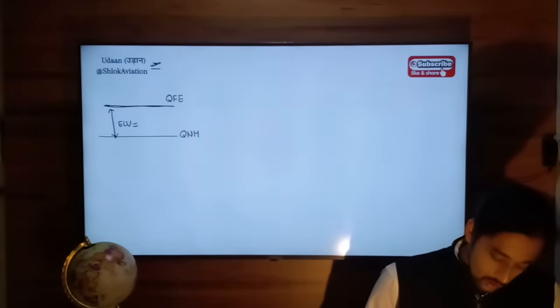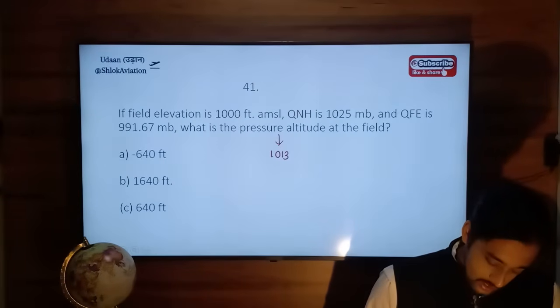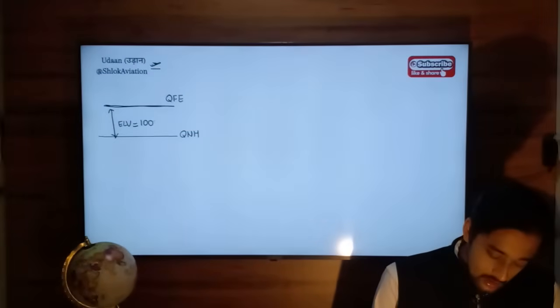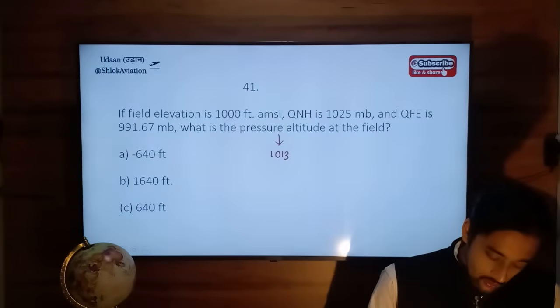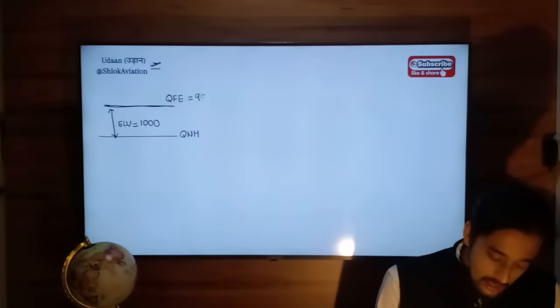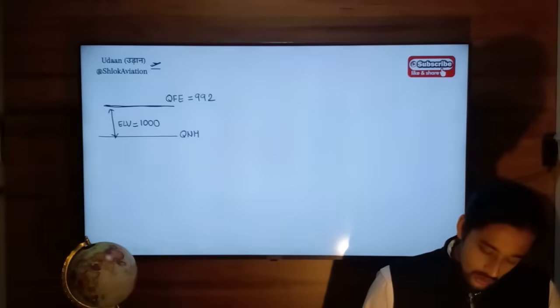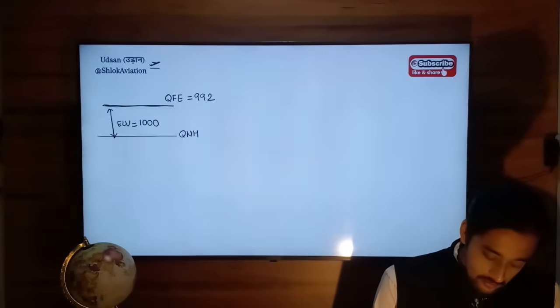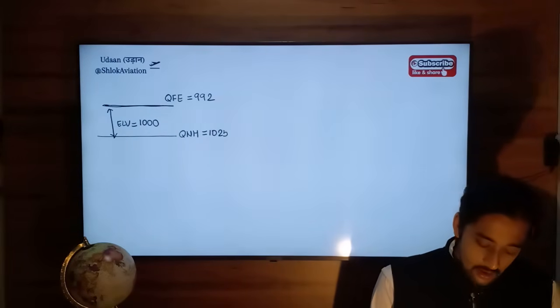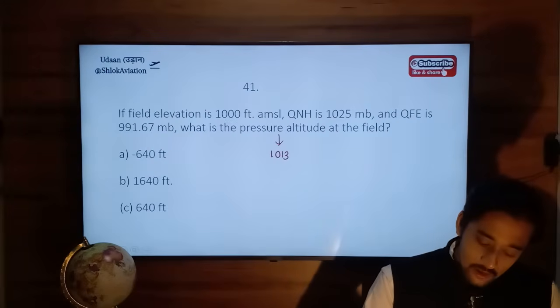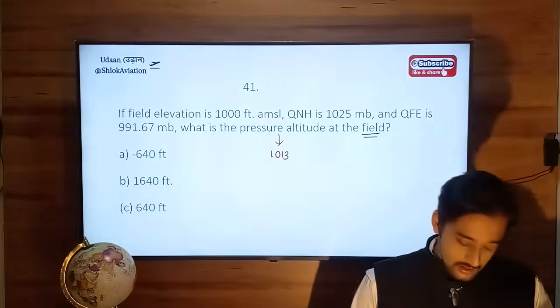So your airport is above mean sea level at an elevation of 1000 feet. QFE 991, let's take it 992, QNH 1025, and now we have to calculate the pressure altitude of the airfield.